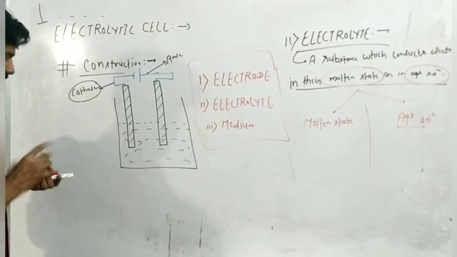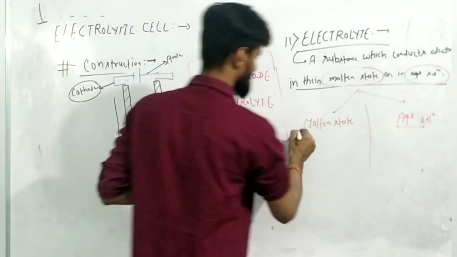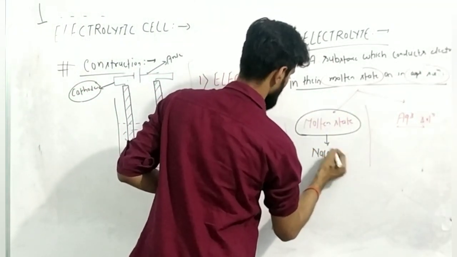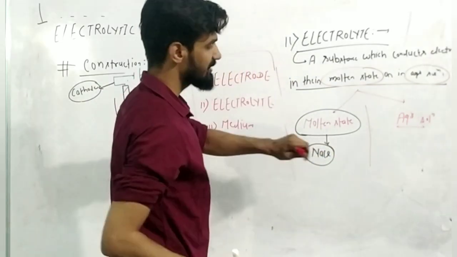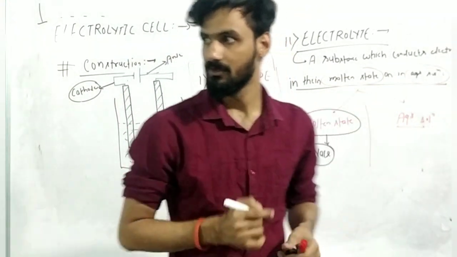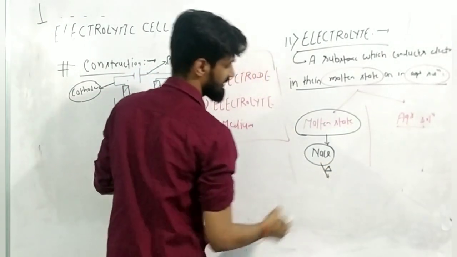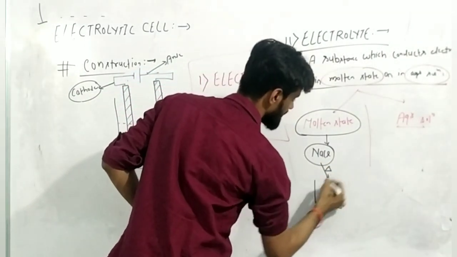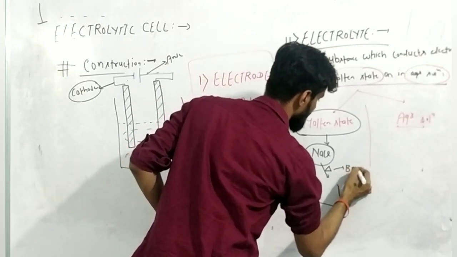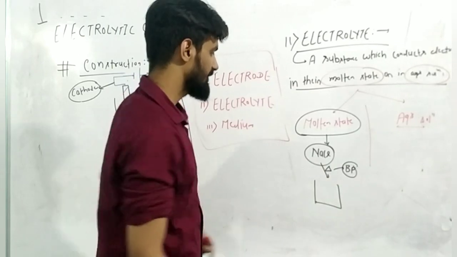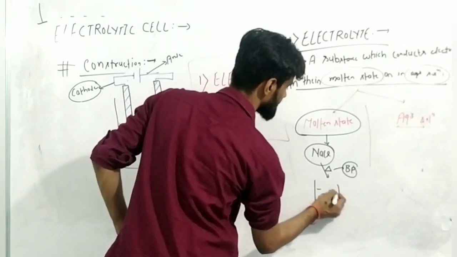Okay, so if you think about the molten state, I am just assuming the NaCl solution. How can you prepare the molten solution of NaCl? For the preparation of molten NaCl, you have to heat the NaCl up to its boiling point, then it will get converted into the molten state.